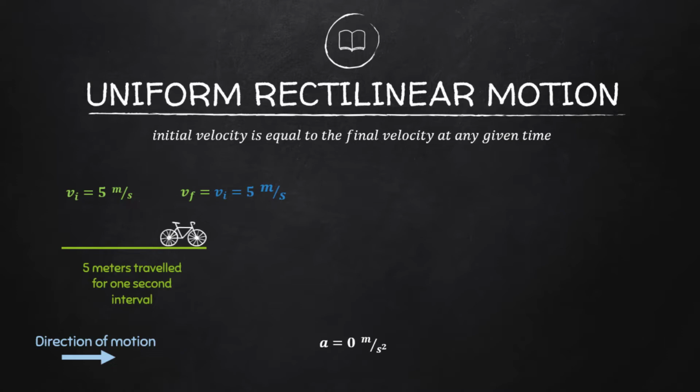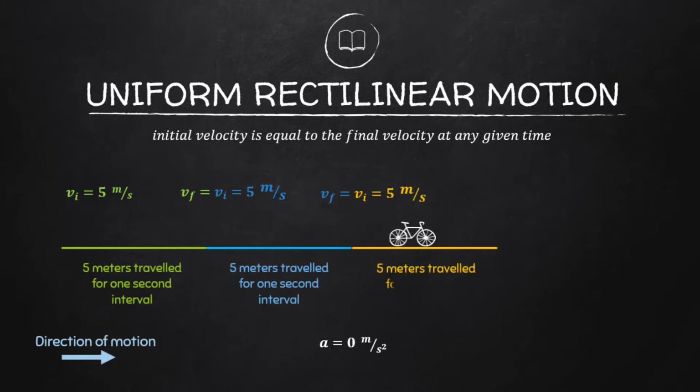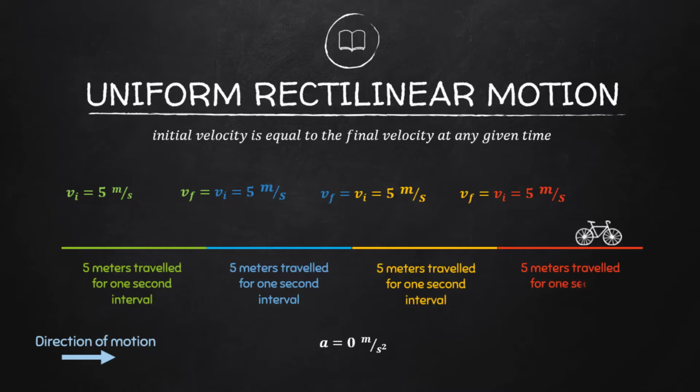After another second, it also traveled another 5 meters, and another 5 meters, and another 5 meters. Its final velocity will always be equal to its initial velocity. This is the case for uniform rectilinear motion or motion with no acceleration, traveling equal distances at equal time intervals.